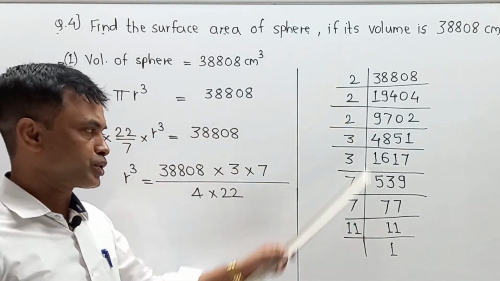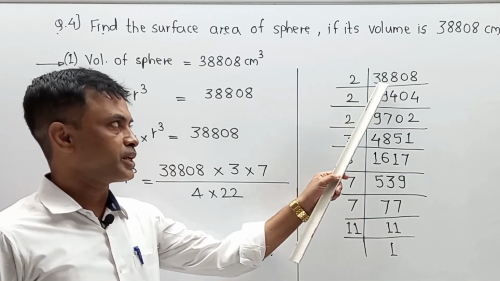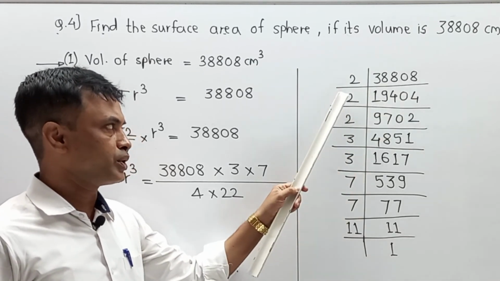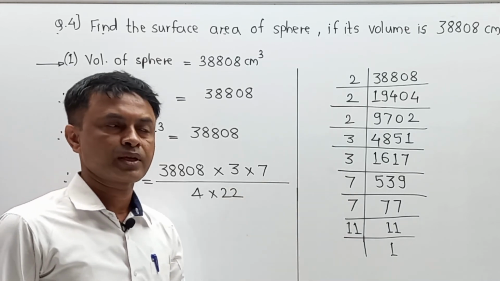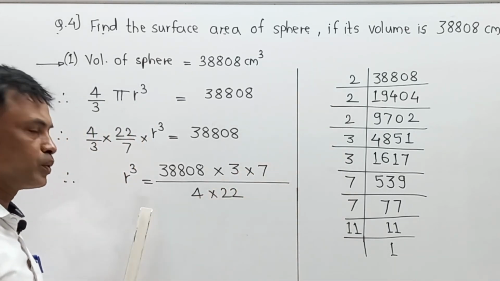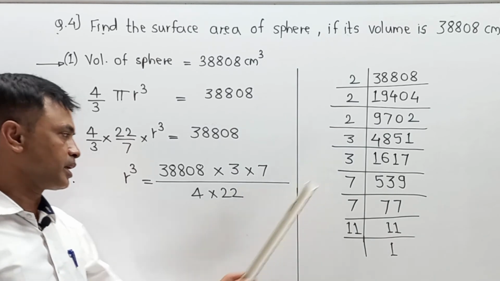Means according to this observation, the split up of 38,808 is 2 into 2 into 2 into 3 into 3 into 7 into 7 into 11. So we have to write this value over here for simplification.